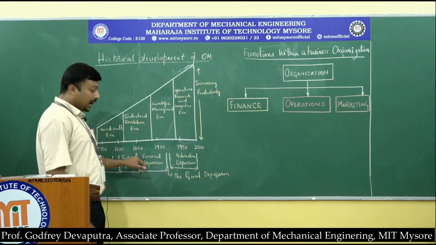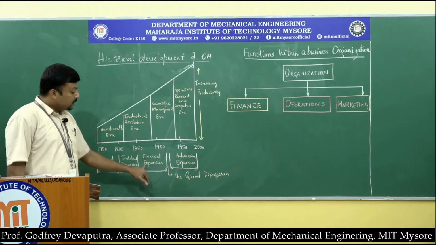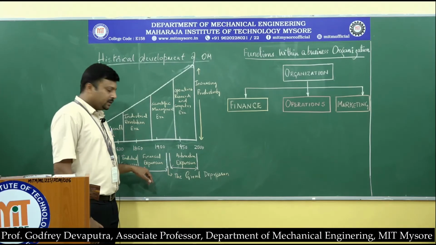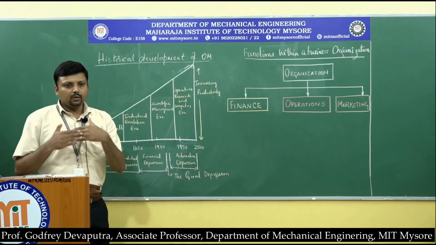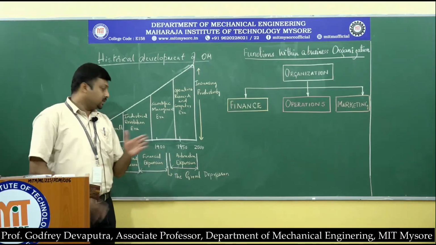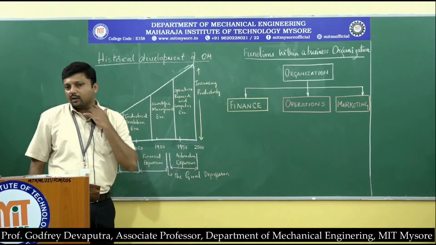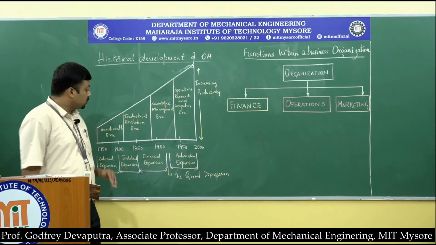So after the industrial revolution era, there was what is called financial expansion. Here people started transacting money for goods and services, though fundamentally during this period they were looking for goods, money transacted for goods.